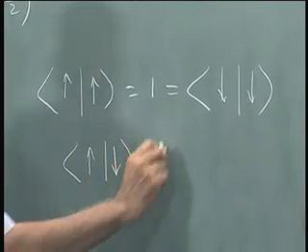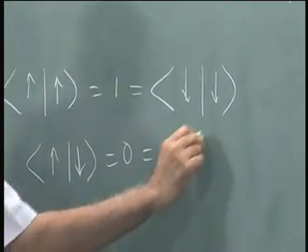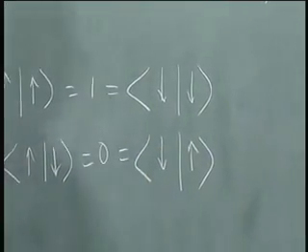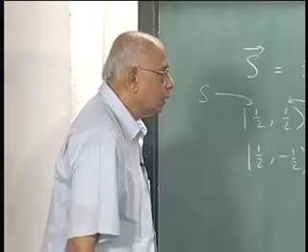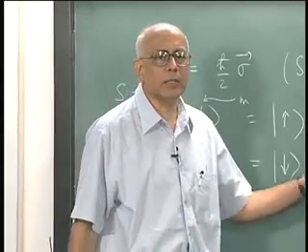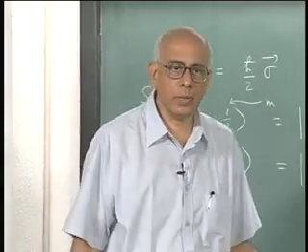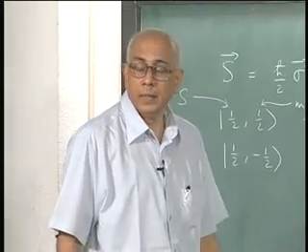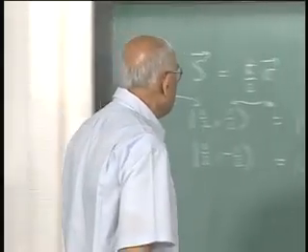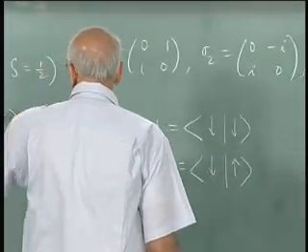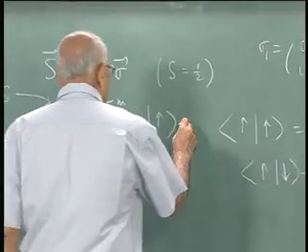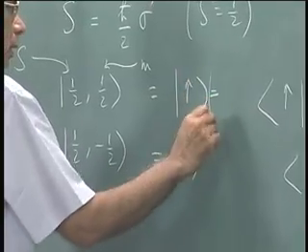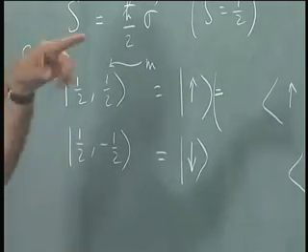the scalar product down with up is 0. Okay. So this is going to be a very convenient notation for us to use. We are going to talk about several spins, then this will become very helpful. Okay. Now what is the actual representative of this here? Remember that this could also be written in the basis, natural basis.